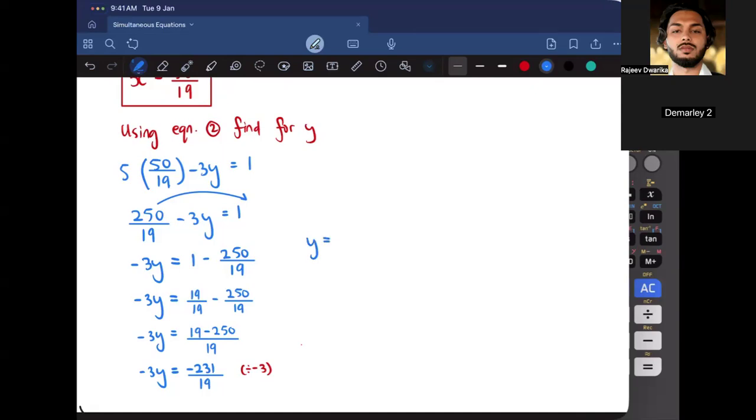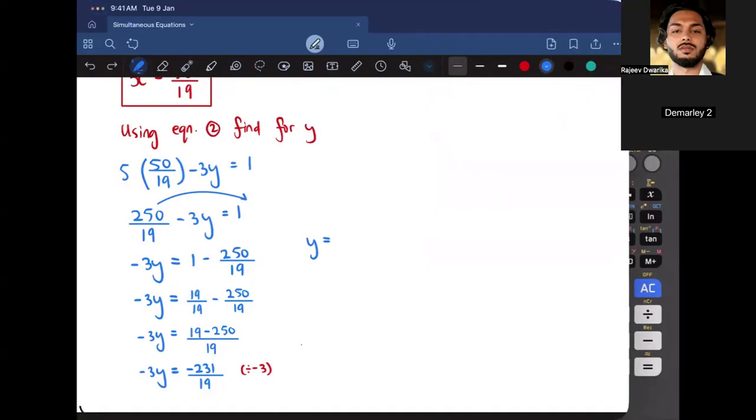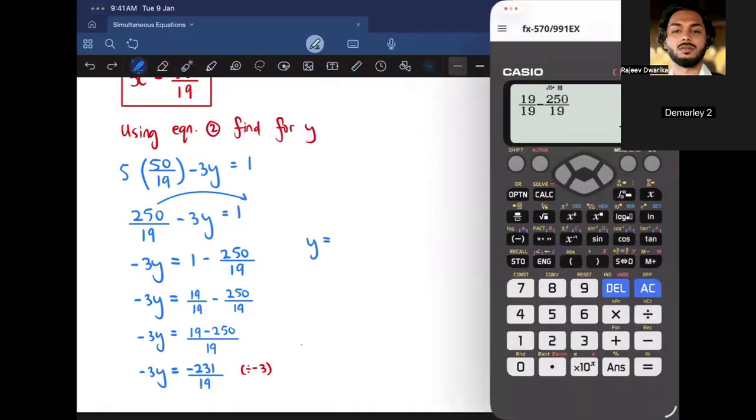And on the right hand side, you could plug this into your calculator. Now, depending on the calculator you have, can your calculator put in fractions like this? Yes or no? Yes.